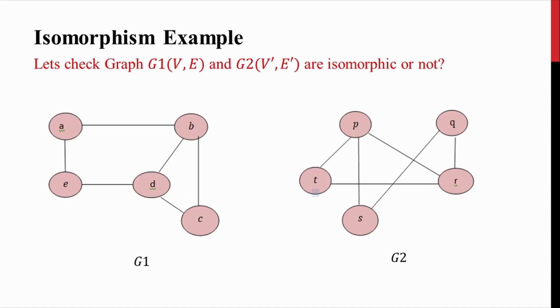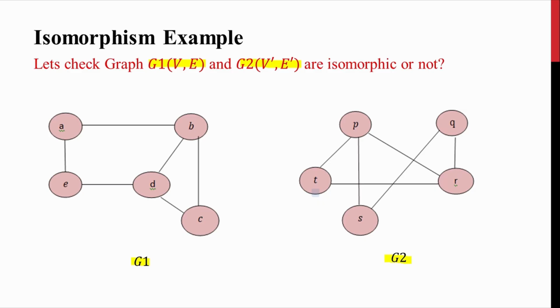So here we have one example. Here we have two graphs, G1 and G2. G1 has V vertices and E edges, G2 has V dash vertices and E dash edges. In G1 we have 5 vertices, in G2 again we have 5 vertices.